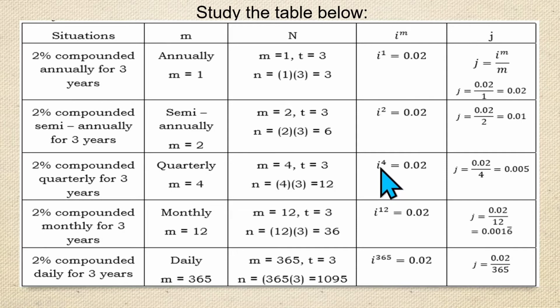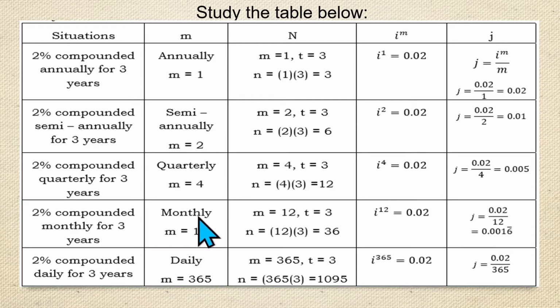Then im will become I4 because it indicates how many times in a year the interest rate is compounded. So the interest rate is 0.02. And then the j, again, 0.02 divided by 4 is equal to 0.005.